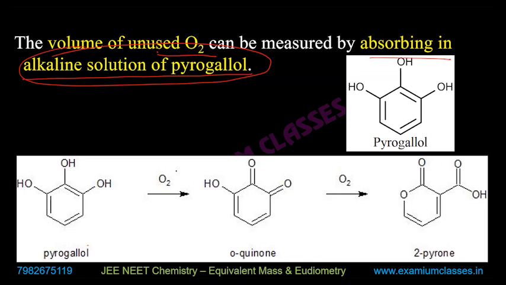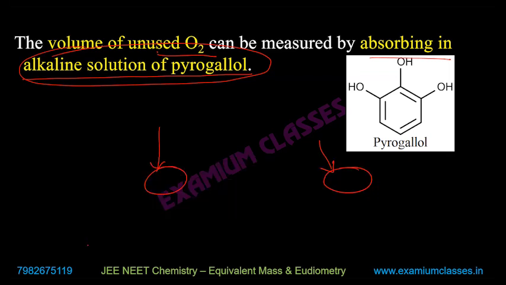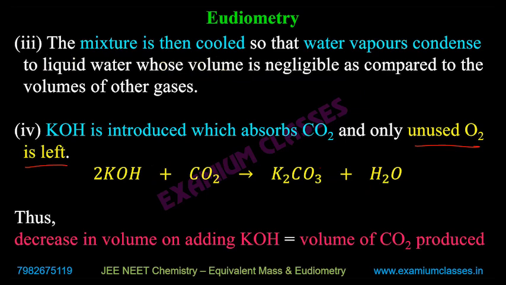So whatever oxygen is present will react with pyrogallol, that will be absorbed by pyrogallol. So whatever is the increase in the mass of the known solution of pyrogallol, that is the amount of oxygen. Okay, so there are 2 ways to get the amount, and the same applies here also.